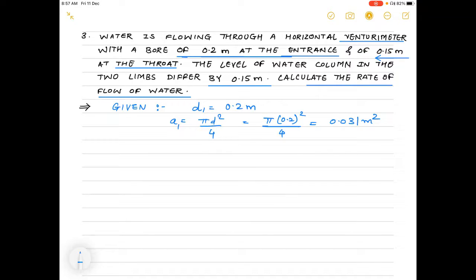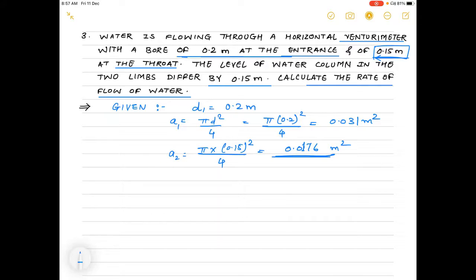In the same way we have to find out area A2 at the throat. So A2 will be equal to pi into d2 square divided by 4, where the value of d2 is 0.15 meter, which comes out to be 0.0176 meter square.